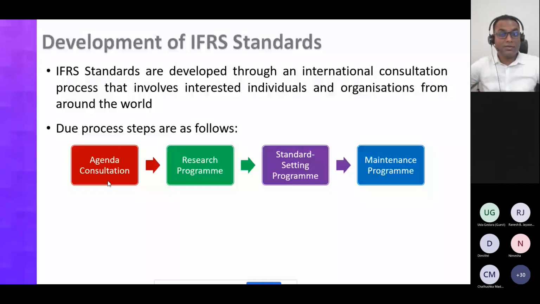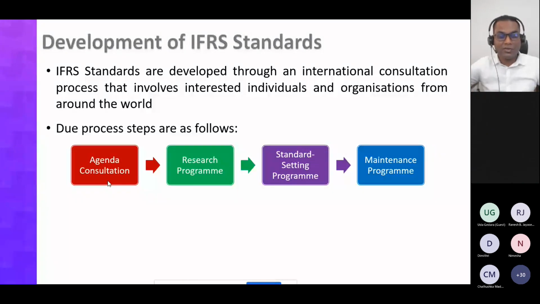Sometimes during the research program stage, you might issue a discussion paper as well, because IASB carries out the research work, identifies the possible problems and the possible solutions, and if they require, they can put up a discussion paper for the public to comment on what they have found out.